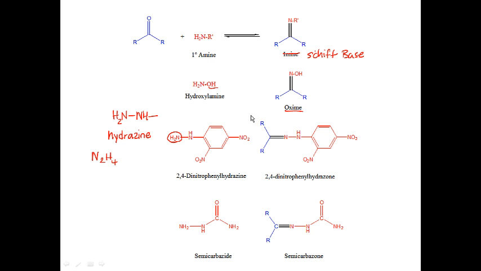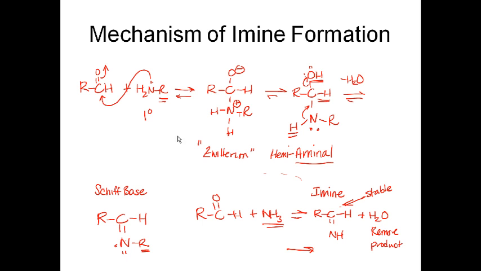But I think I'm going to skip that at the moment and maybe come back to it towards the end of the year. So these are just some historically used amines, primary amines.